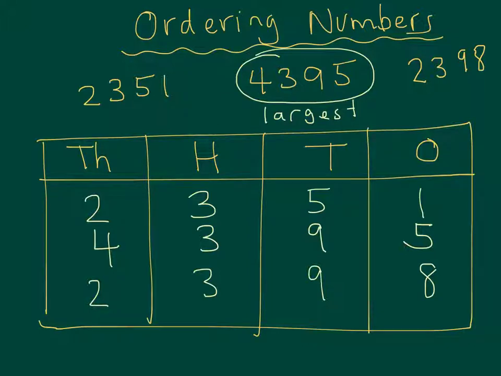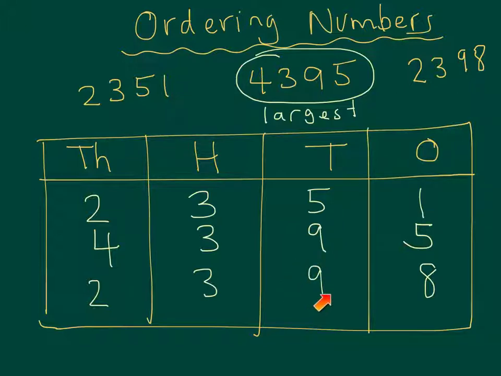Now, the tricky part, of course, is deciding which of the next ones. So we have 2,000, 2,000, so that's the same. Still can't tell. Let's look at the hundreds. Place value 3 and 3, so that's 300, 300. Still the same. We're going to move on to the tens. Oh, now I can tell 9 tens, or 90, and 5 tens is 50.